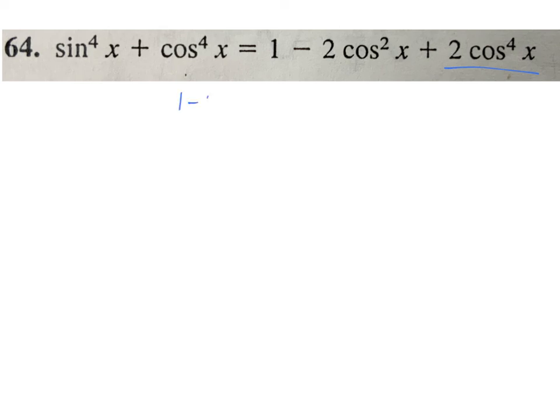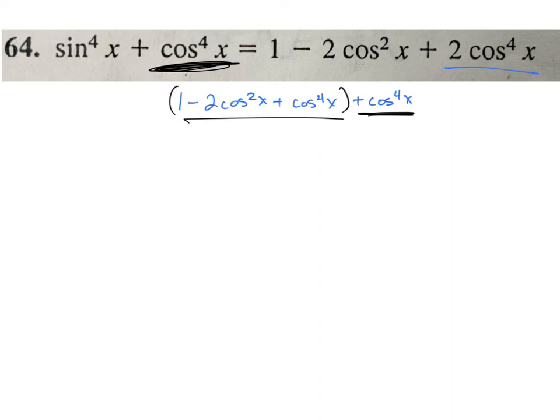So now I'm going to say it's 1 minus 2 cosine squared x plus cosine to the 4th x, and then plus cosine to the 4th x. Because I really want one of the cosine to the 4th x alone. You following me? So now I'm going to regroup these. What could I do with that?